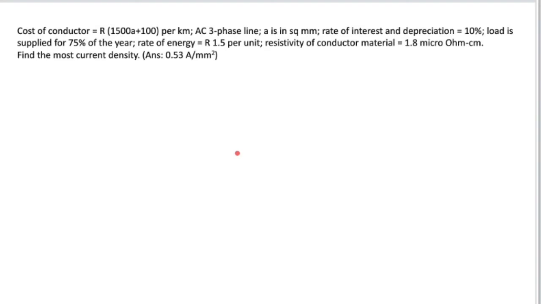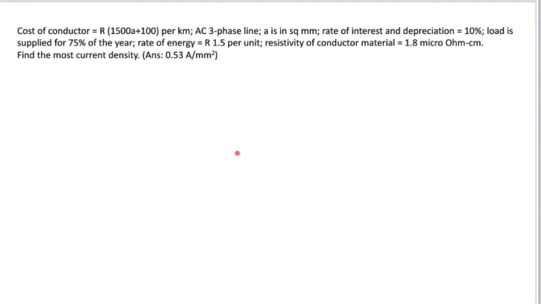Rho is 1.8 times 10 to the power minus 6, and A is in square millimeter. So rho 1.8 times 10 to the power minus 6 over A times 10 to the power 6. 10 to the power 6 is coming from kilometer to millimeter conversion.